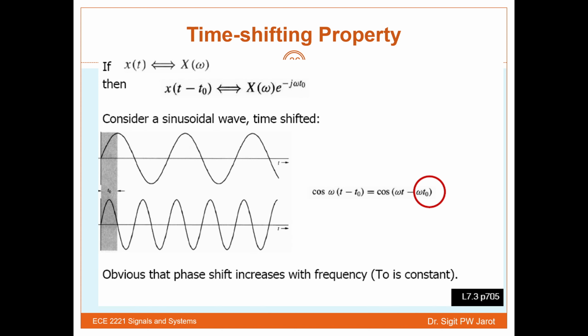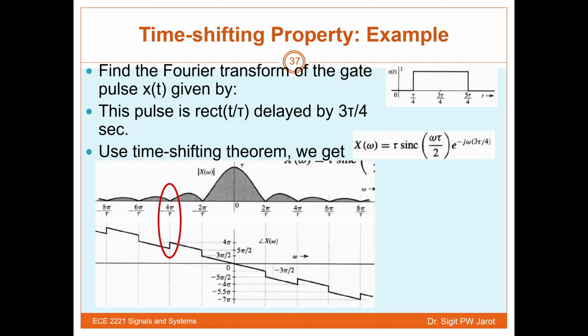And then this is the shifting property. Basically, if we shift with t minus t naught in the time domain, we have to multiply by e to the minus j omega t naught. This is the signal. Usually it's here, but now it will be delayed by 3 tau divided by 4. This is the delay value.